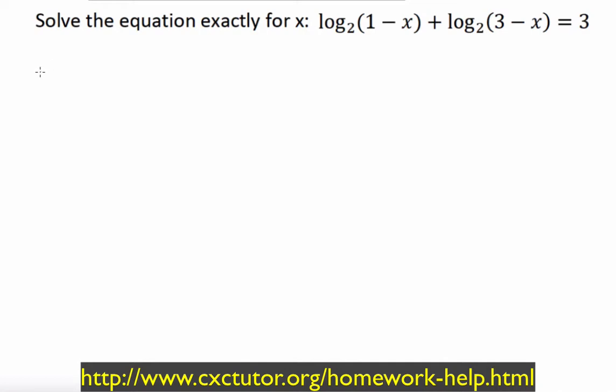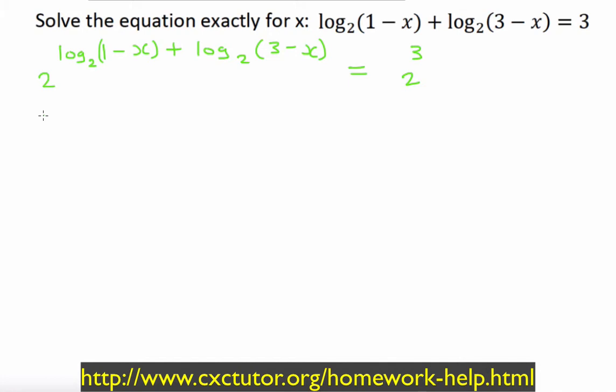So in other words, what I'm saying is 2 to the power of log to the base 2 of (1 minus x) plus log to the base 2 of (3 minus x) is exactly equal to 2 to the power of 3.